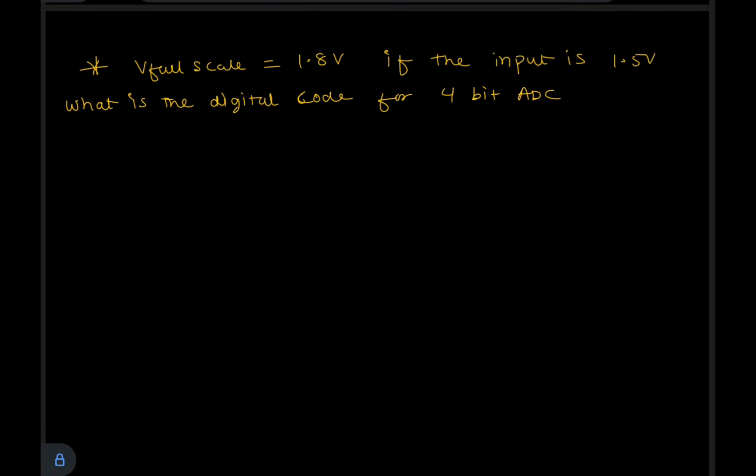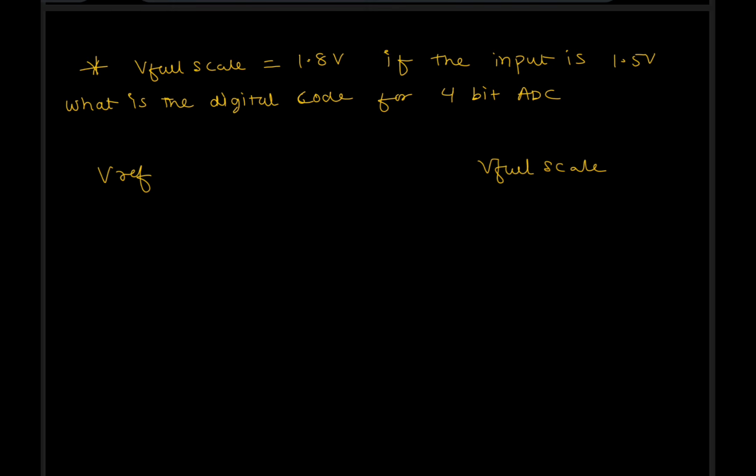And now, yes, this is the question that has been asked in many of the interviews, and I will just give you the brief. Whenever you have a question on ADCs, you must take care whether V reference is given or V full scale is given.